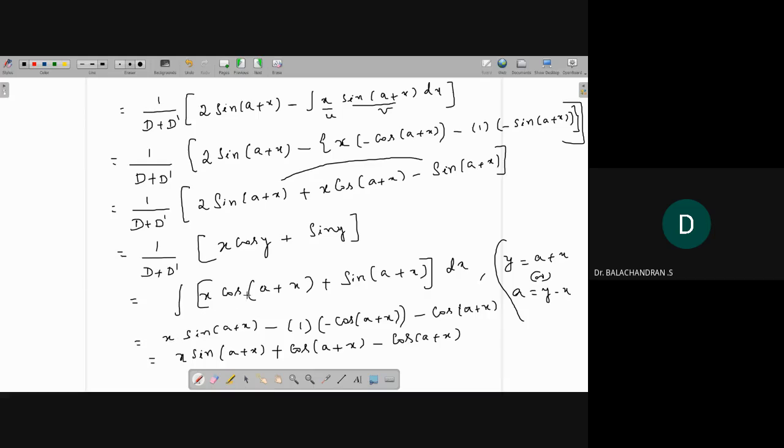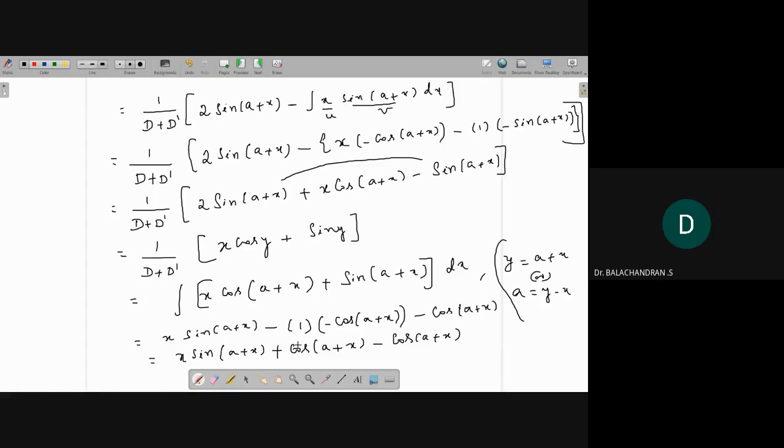If you integrate cos of (a plus x), you'll get sine of (a plus x). If you differentiate x, you'll get 1. If you integrate sine of (a plus x), you get minus cos of (a plus x). So if you simplify, there is no change in the first term.